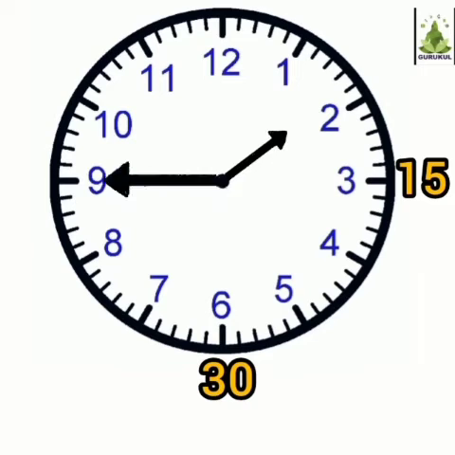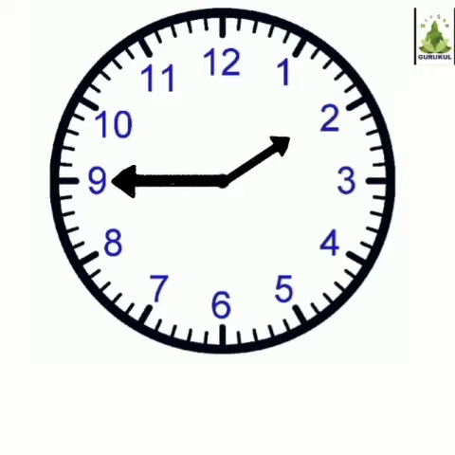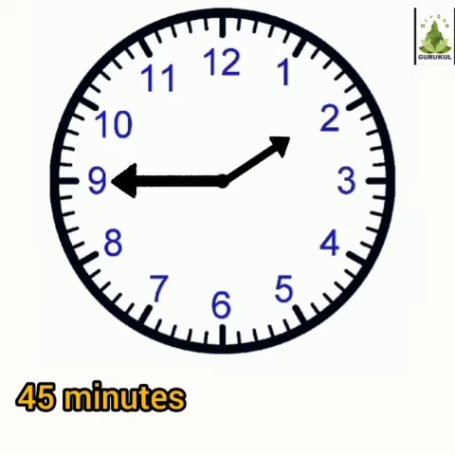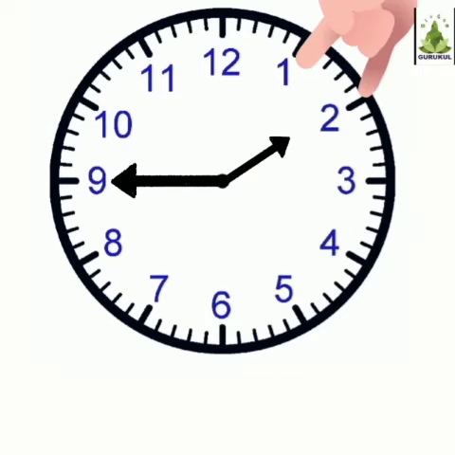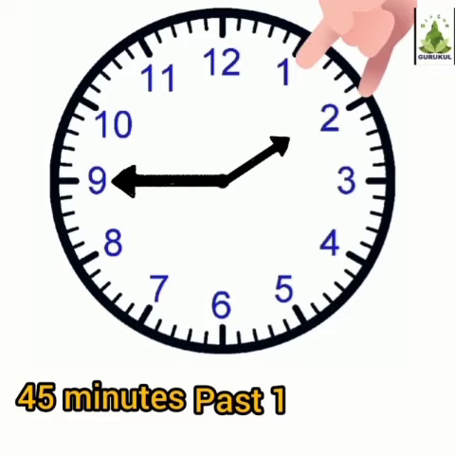When it is on 9, it is 45 minutes. When the minute hand reaches 12, it is a complete hour. Here the minute hand is on 9, meaning 45 minutes, as our hand has crossed 1 o'clock. So write the time of this clock as 45 minutes past 1.